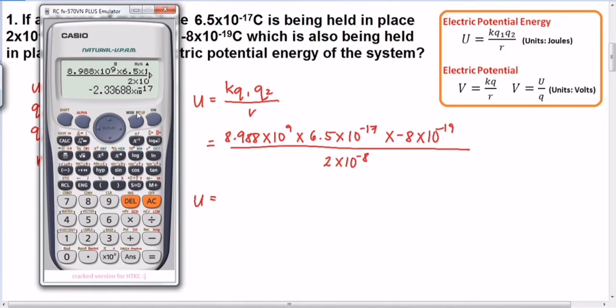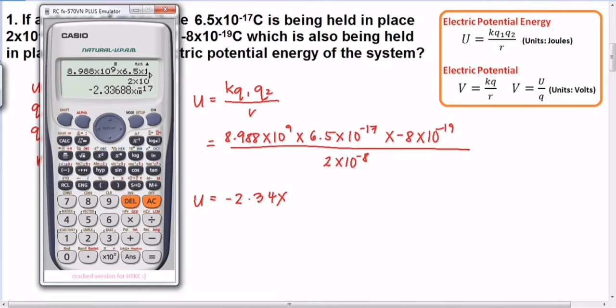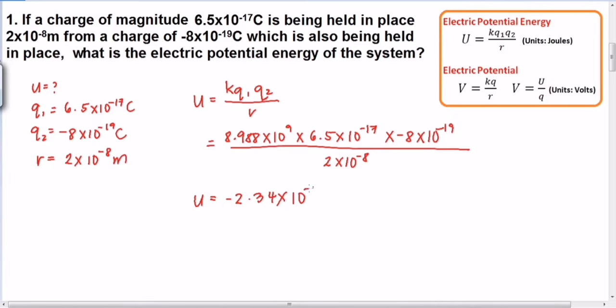Okay, so the answer is negative 2.34. So, round off nyo. Negative 2.34 times 10 raised to negative 17. Okay. So, since U to, or potential energy, ang unit nito ay joules. So, the answer would be this.